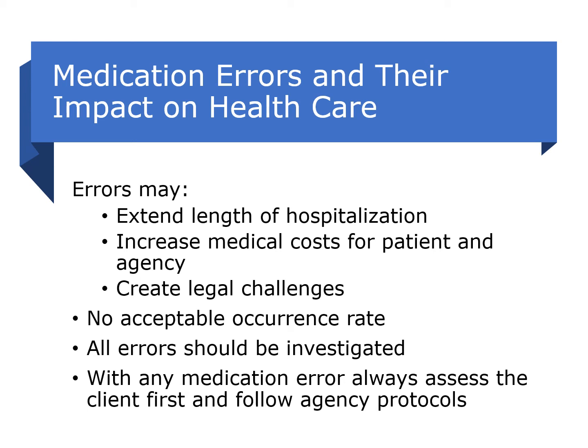So if their airway is fine, their breathing is fine, their circulation is fine after receiving a particular drug, say a blood pressure medication when they shouldn't have, well, then you've done your patient assessment, which is the most important. Of course, documentation is necessary, but it's assessing the patient first.